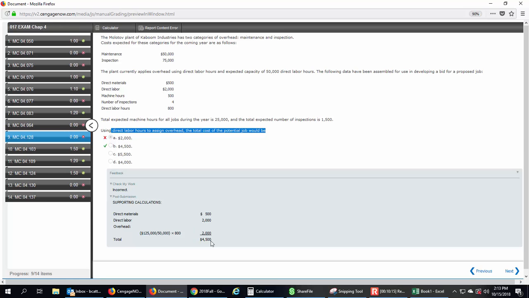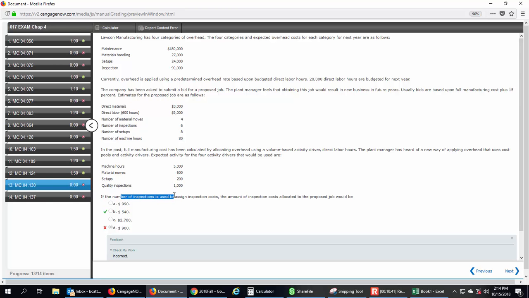I'm looking down here and I'm seeing that you used 2. You answered the overhead only and they asked for the total cost of the job. So you're missing the materials and the labor. That's all you missed on that one. So when it says total cost of the job, don't forget about your three-legged stool.